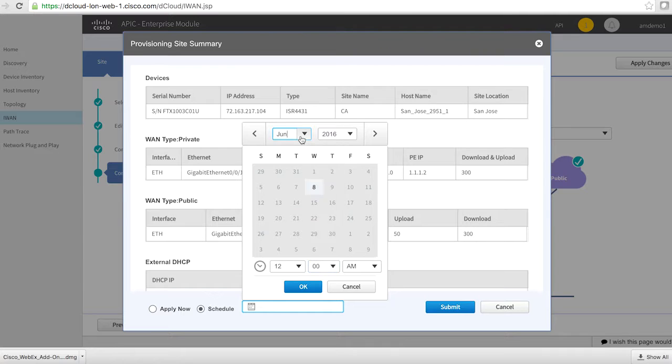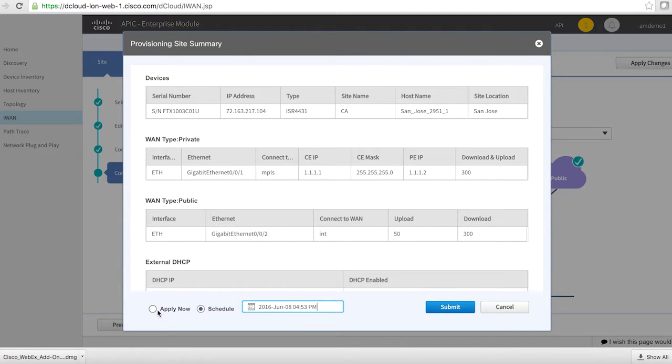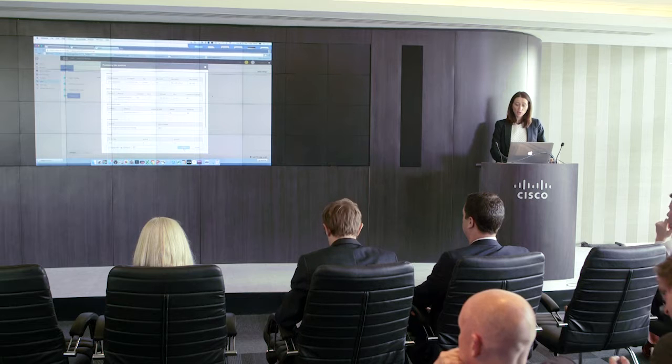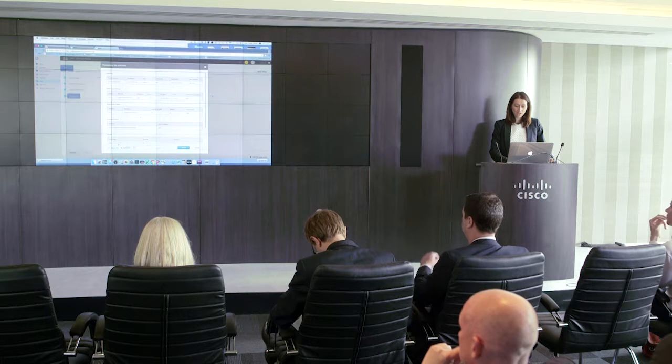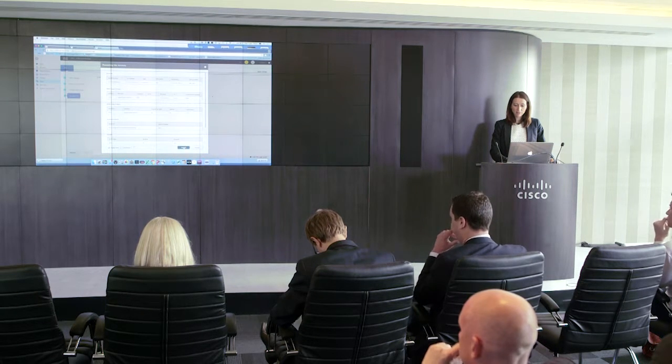You can apply now or schedule it at a time of your choice, probably on the weekend when nobody's actually working, so you're not going to cause downtime for your customers, and you click submit. Okay, I didn't actually put a schedule, and you click submit.